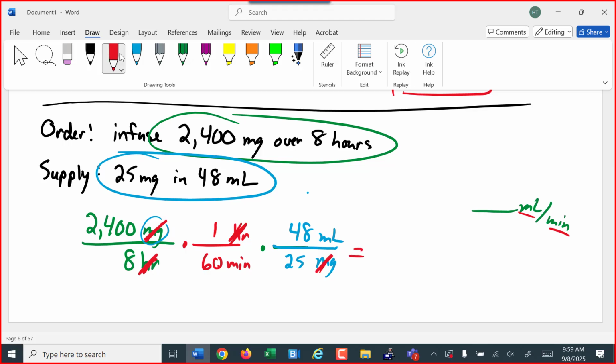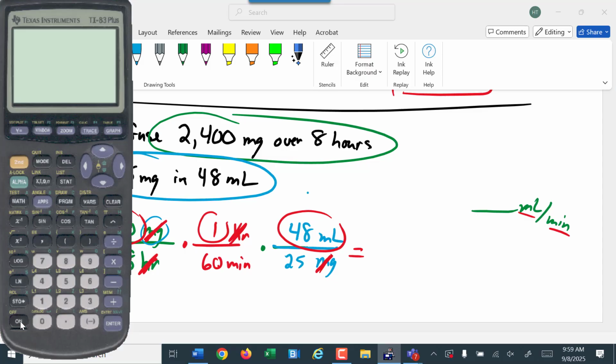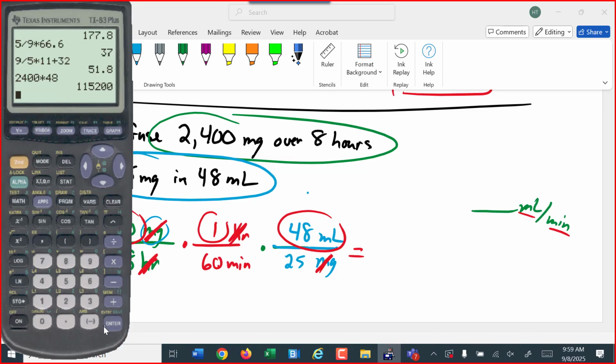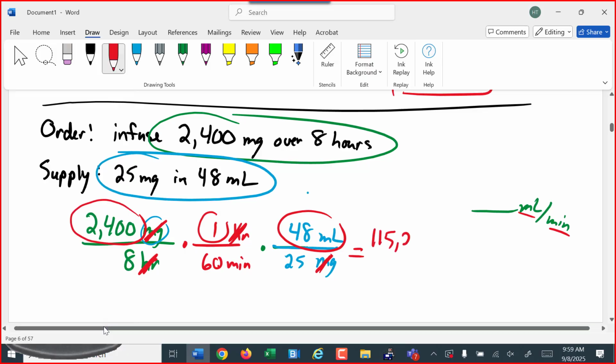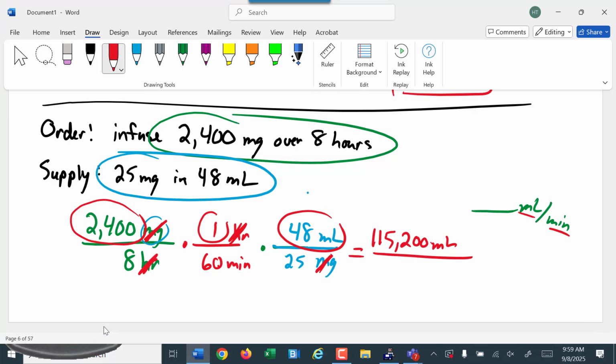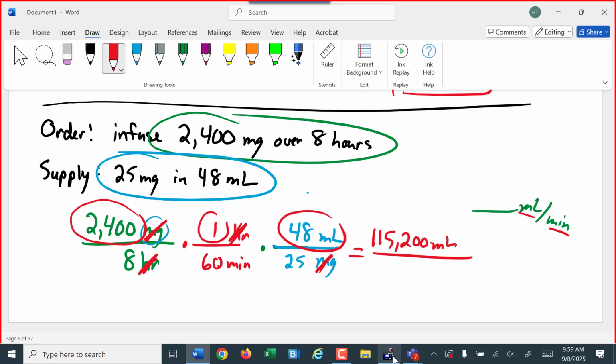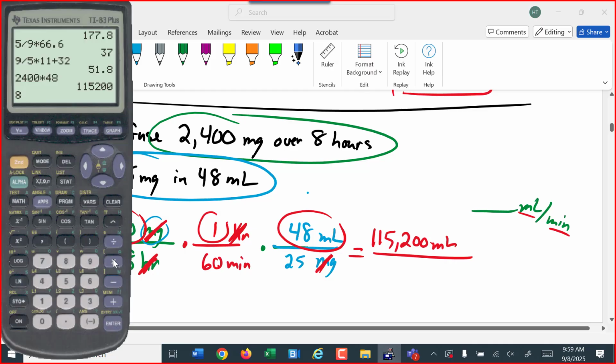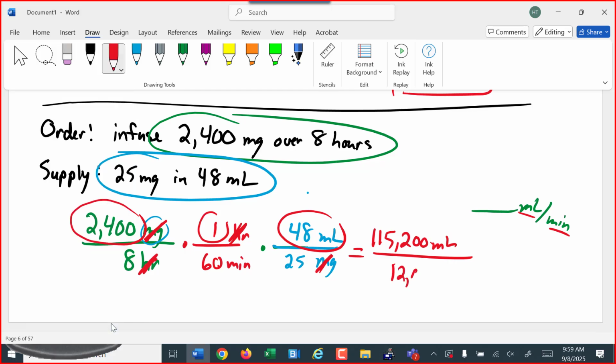And now on top I have 2,400 times 1 times 48 milliliters, which is going to give us 115,200 milliliters over 8 times 60 times 25, giving us 12,000 minutes.